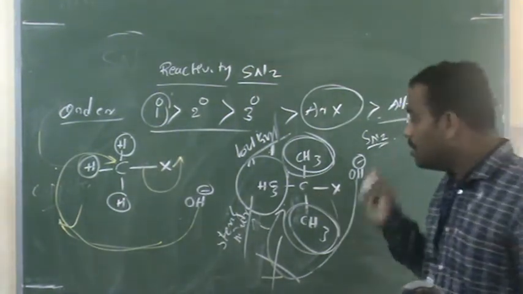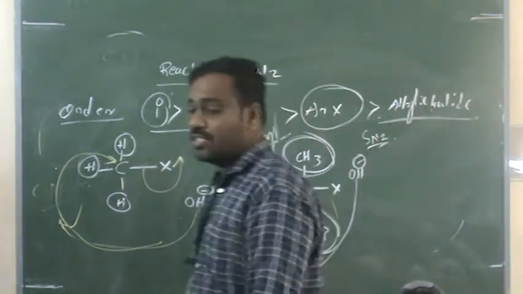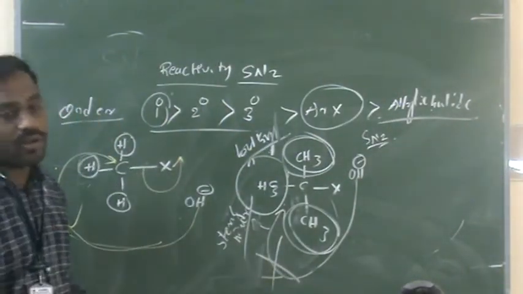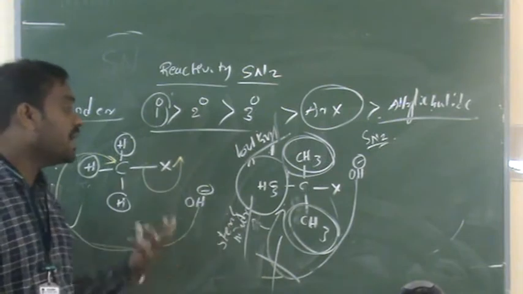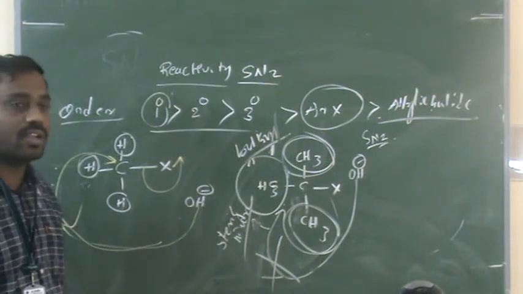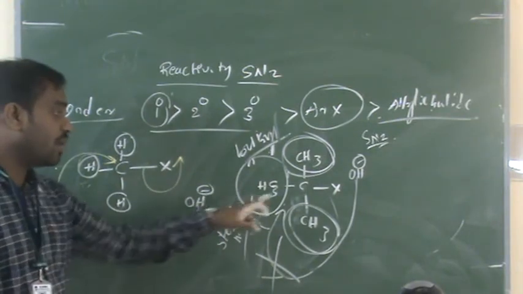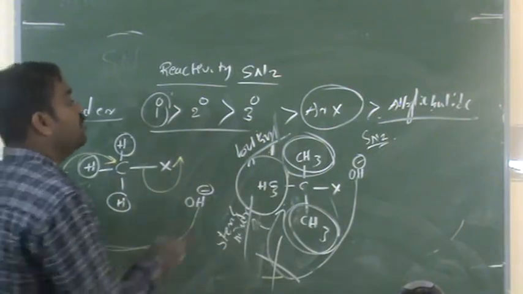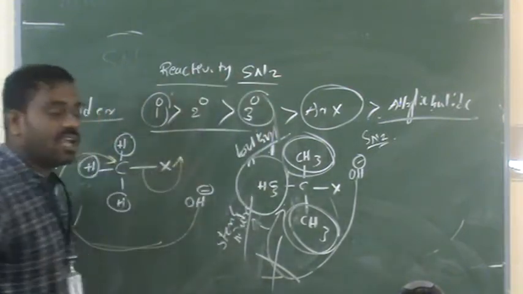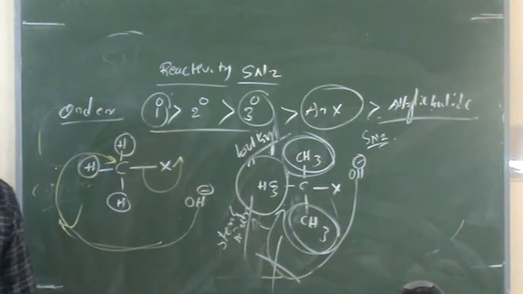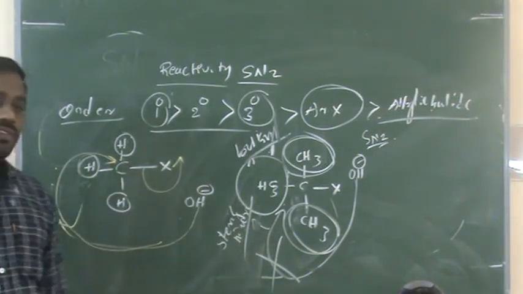Because these CH3 groups are creating steric hindrance to the attack at this carbon atom. That's why tertiary alkyl halides are very less reactive in the SN2 mechanism. Primary alkyl halides are more reactive in the SN2 mechanism.